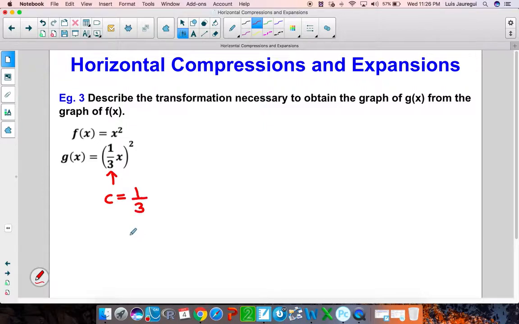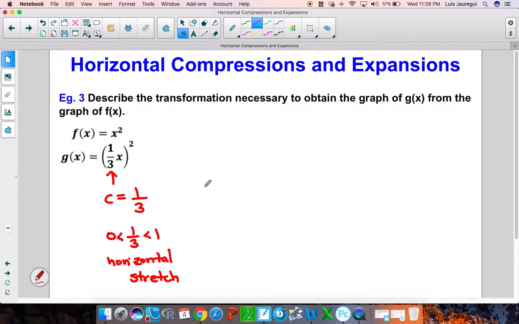And 1/3 happens to be bounded by 0 and by 1. In addition, since the action is taking place inside the grouping symbol, inside the parentheses in this case, we have what we refer to as a horizontal stretch. Okay, this is a horizontal stretch.